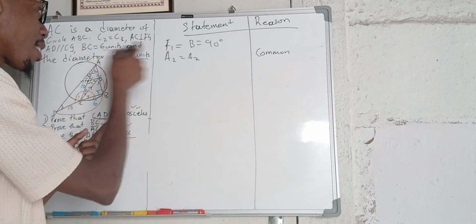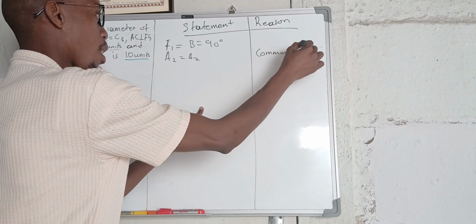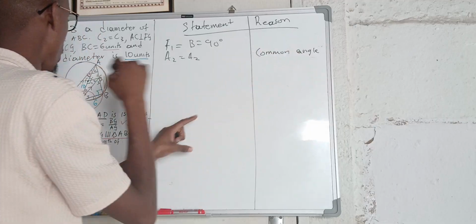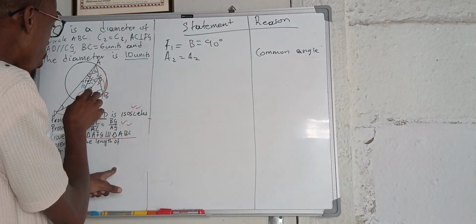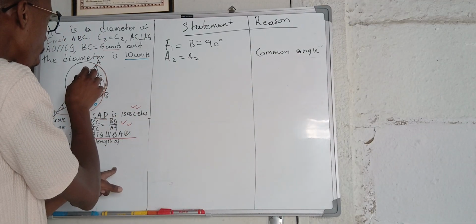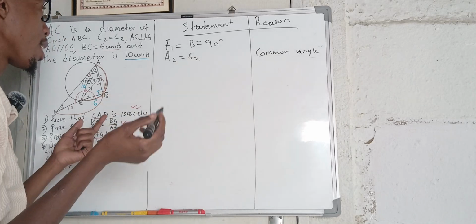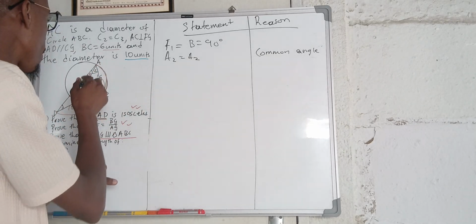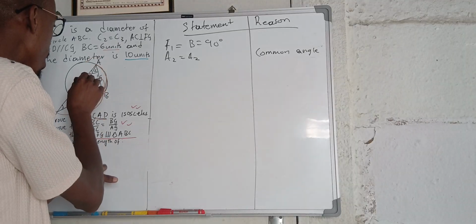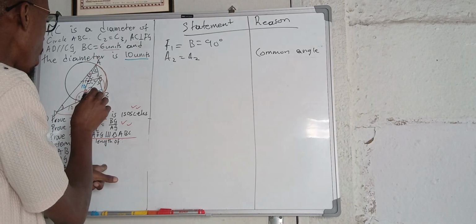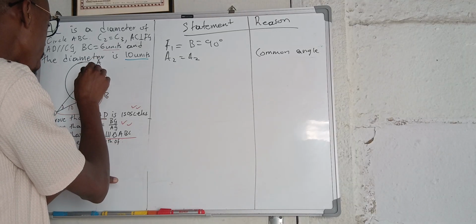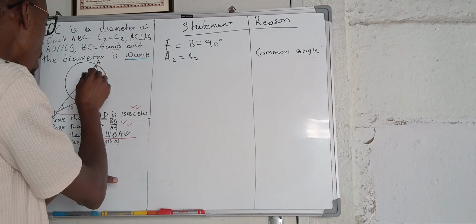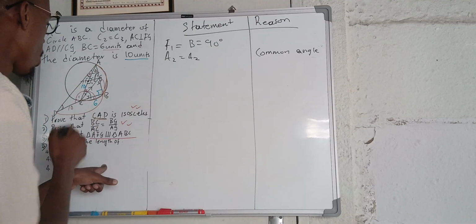And therefore, if that is a common angle, this angle is equal to that, and that angle is equal to that angle. Therefore, we can conclude that the other angle also has to be equal to the other angle. So meaning, in this triangle, we have this angle being equal to that angle, and this angle being equal to that angle. Therefore, this one will be equal to that one.